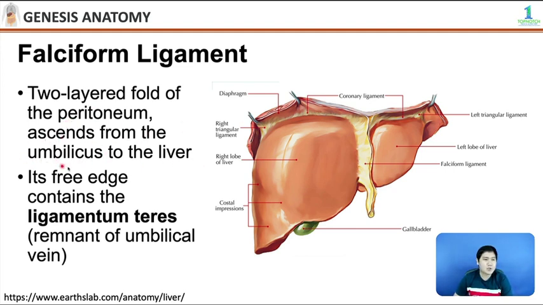So this is attached to the abdominal wall. It was asked, the ligament of the liver that is attached to the abdominal wall, it's the falciform ligament. Inferiorly, it has a free edge, which is known as the ligamentum teres, which is a remnant of your left umbilical vein.